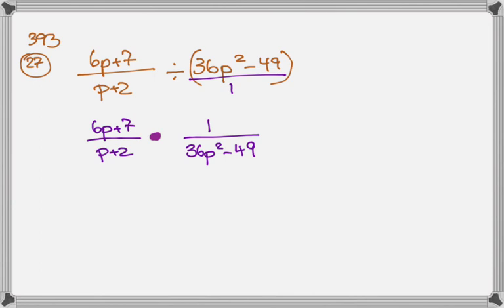The 6p plus 7 cannot be factored. The p plus 2 cannot be factored. The 1 cannot be factored. The only factoring we have to do is in the denominator. 36p squared minus 49 factors into 6p plus 7 and 6p minus 7.